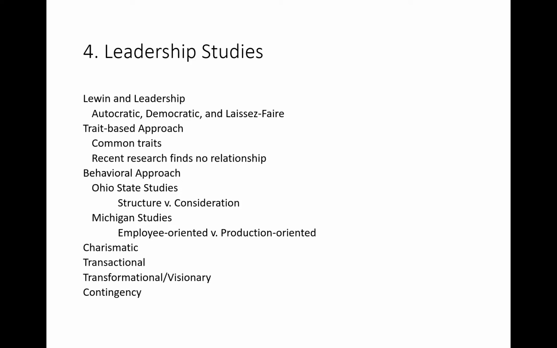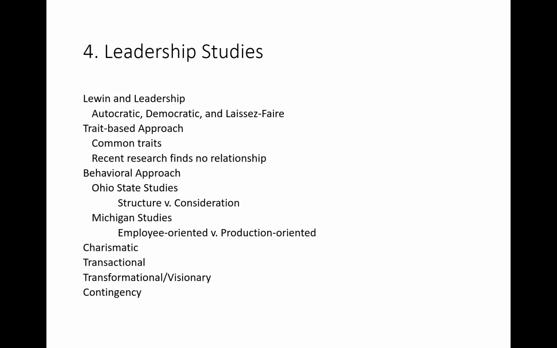The traditional approach that organization theorists have taken toward understanding leadership was what we call a trait-based approach. The trait-based approach assumed that there were certain characteristics that people had that made them into great, quote unquote, great leaders. In some respects, you either had those characteristics or you did not. Things such as charisma and persistence were considered characteristics of great leaders, and you either had them or you didn't.